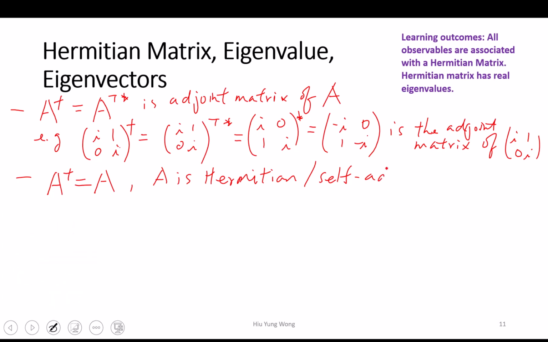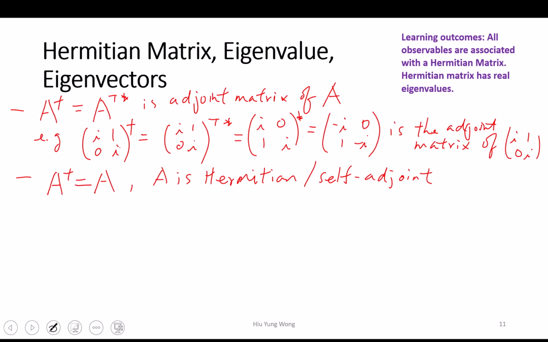What we have just said is that we gave a definition of the adjoint, and if it equals itself, then it is a Hermitian or self-adjoint matrix, so we have A dagger equal to A.